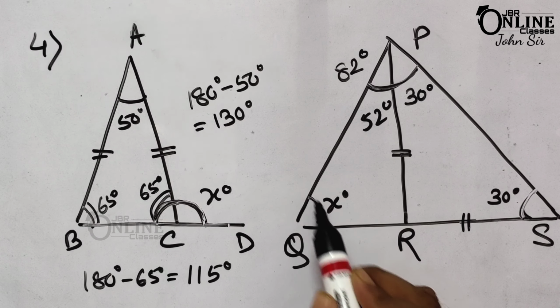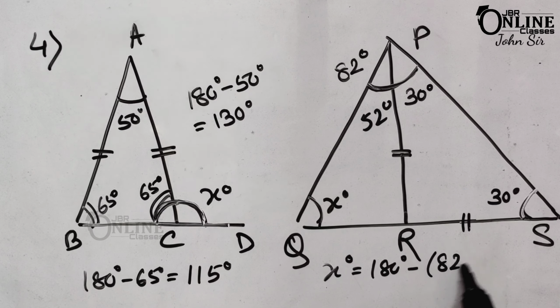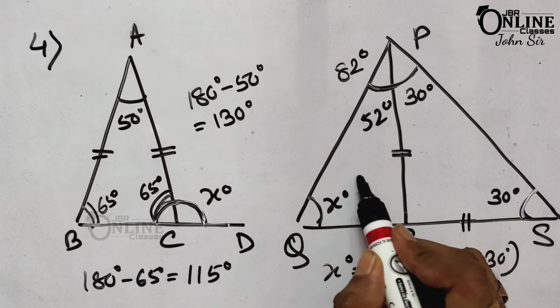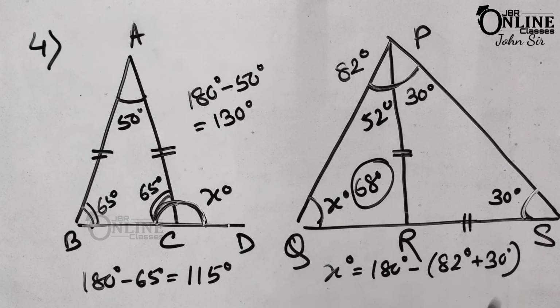Now we have to find out the rest angle, that means x degrees. So definitely x degrees will be 180 minus 82 plus 30. Now 82 plus 30 equals 112. So 180 minus 112 equals 68. So 68 degrees is your answer.